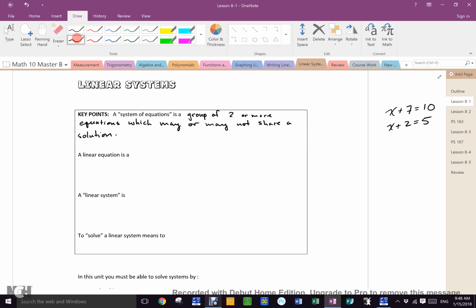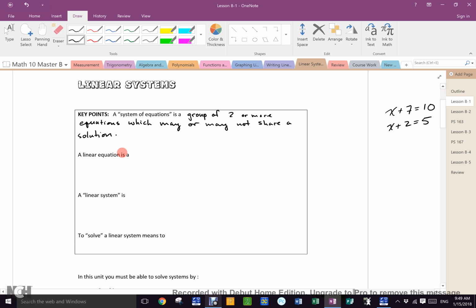Something about them is the same. If I make a change to one, what happens to the other one? A constant change. If I add 3 to the independent variable, that's going to do something to the dependent variable. If I add 3 again, then that same change will happen to the dependent variable. Right? We all remember this now?